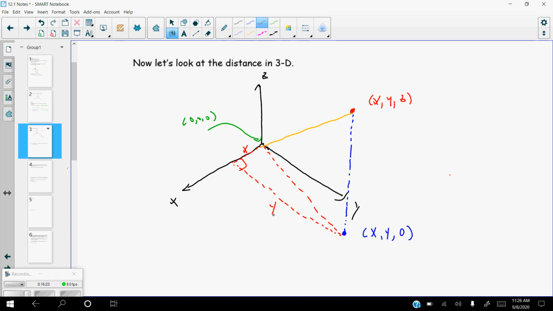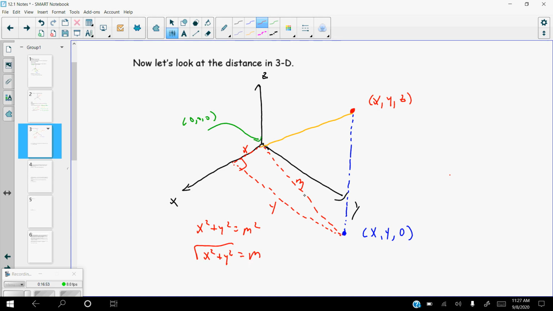For the sake of what we're doing here, I don't want to call this piece d for distance, so we'll call it m. If I wanted to find that distance m, it would come from x squared plus y squared equals m squared. If I solve that for m, you would get the square root of x squared plus y squared equals m.